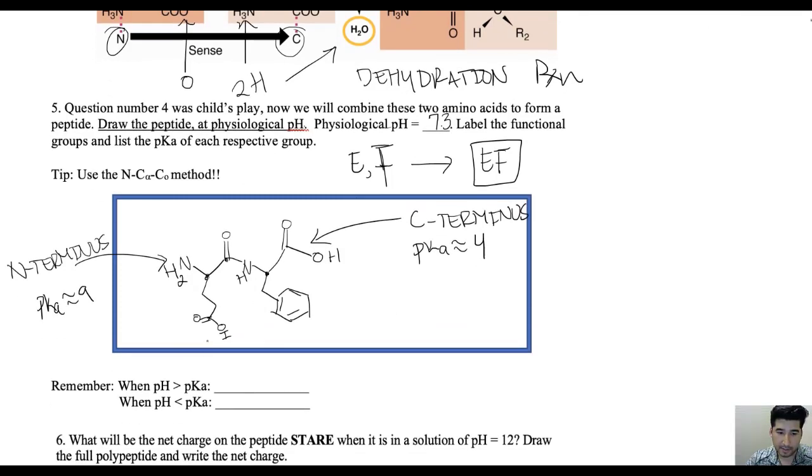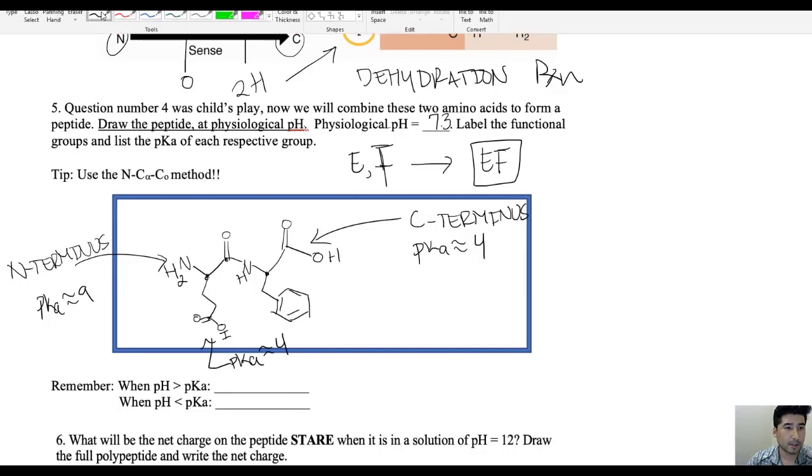And the pK for this glutamic acid side chain is still 4. And the pK for this benzene group is too high, so we don't have to worry about it. So let's draw this peptide at physiological pH. Since the pKa is greater than the pH for the N-terminus, we are going to protonate. So that's NH3+.